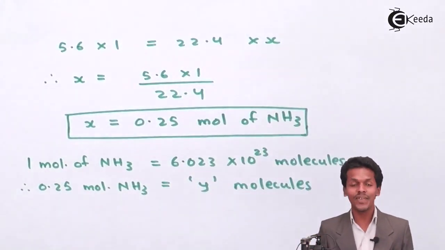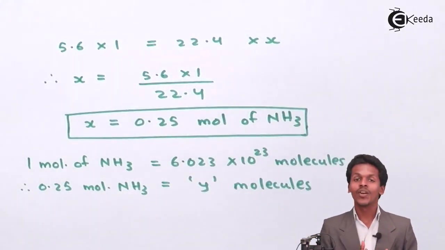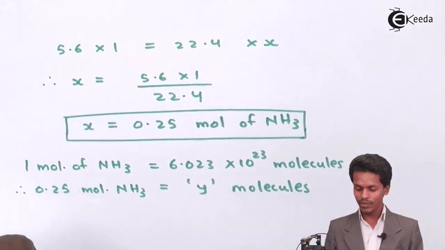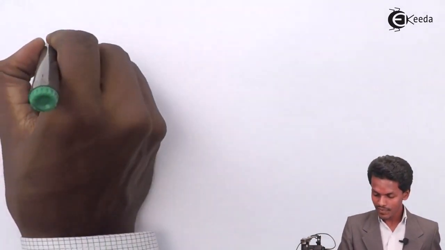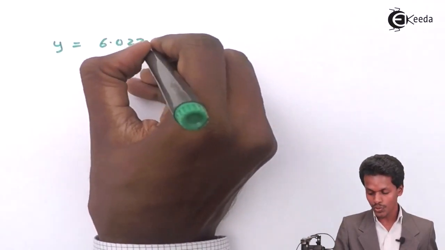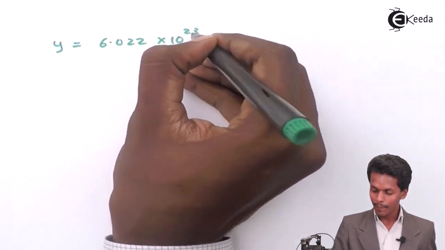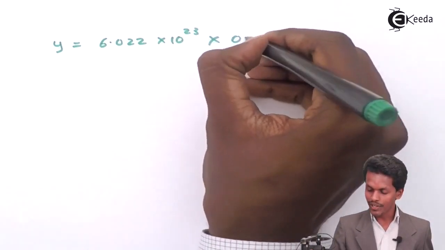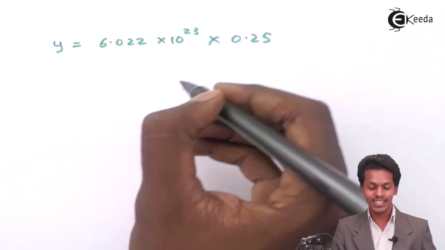Again we are going to cross multiply. So the answer we get is Y equals 6.022 into 10 raised to 23 multiplied by 0.25. Let us see what answer we get.